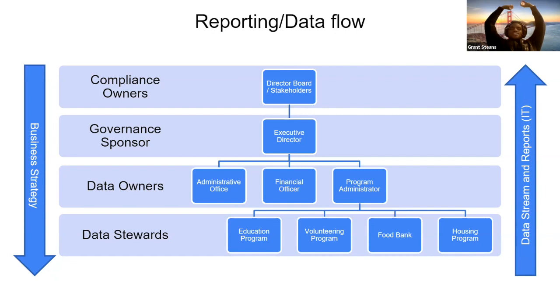Oh yes, and they are the ones where the reporting starts. So the reporting starts with the data acquisition. Then those programs give all of their reports, and the program administrator and the data owners have to compile the reports across their organizations to give to the executive level about what's happening.